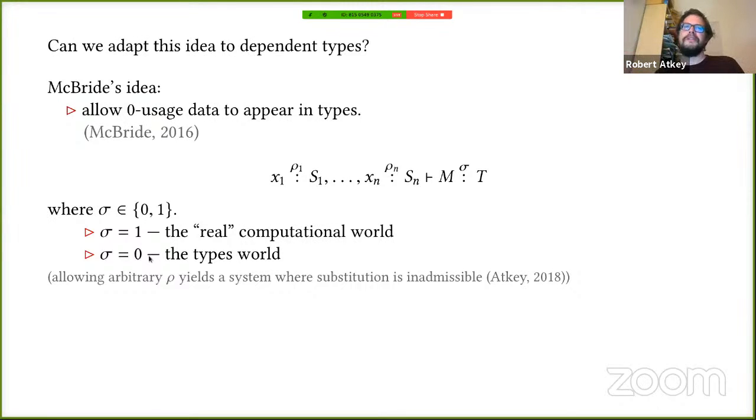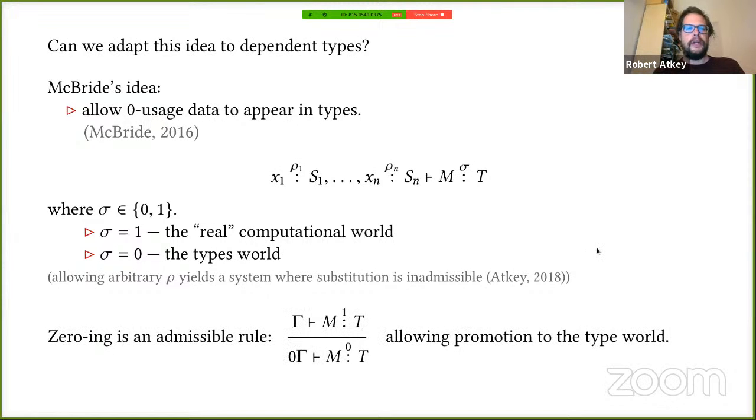It's all wonderful. This is where we can be free in our thoughts and we don't have to pay for anything. I should say that in Conor's original system, you're allowed an arbitrary ρ here, which makes a very elegant looking system. Unfortunately, substitution is inadmissible in that system, so you have to restrict to 0 or 1 at the end here.